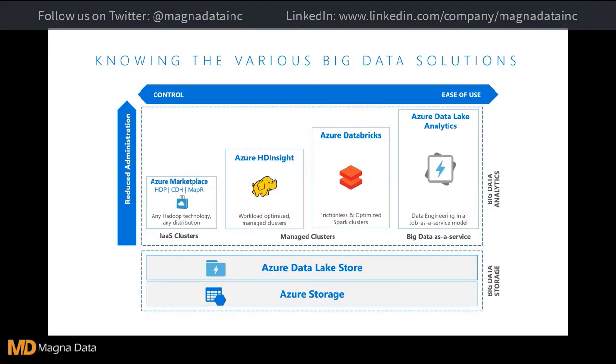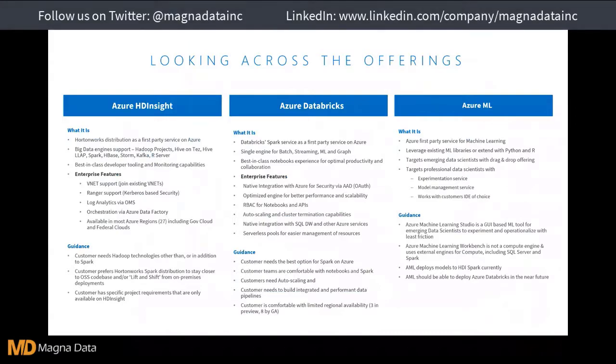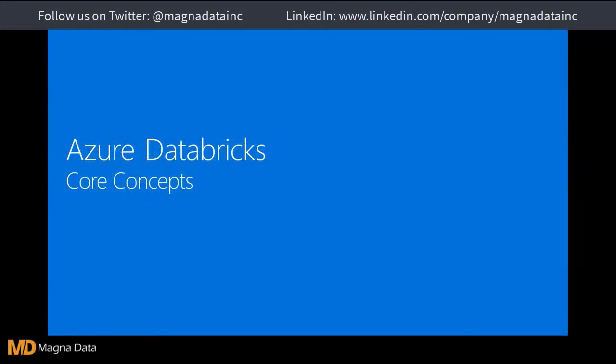You have Azure Databricks, and then you also have Azure Data Lake Analytics. And it all sits on top of either a data lake or Azure Storage. Those are just two flavors of storage available within Azure. I'm not going to do the comparison slide. If you guys are interested, I can come back to it towards the end. I'll let you know.